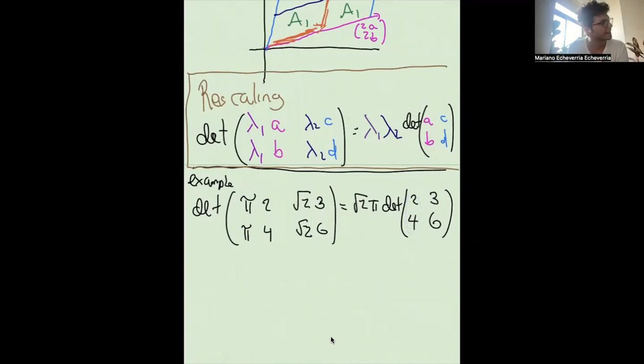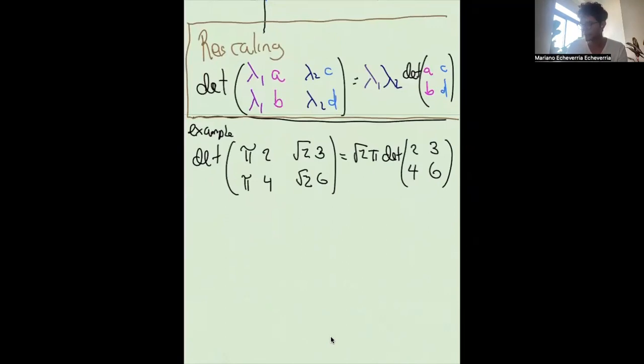In fact, you can still pull out some constants here. I don't know if you can see that. What can you take out here? Well, notice that there's a 2 that is a common factor. So let me take this 2 out. So it would be root of 2 times pi times 2, the determinant of 1, 2, 3, 6.